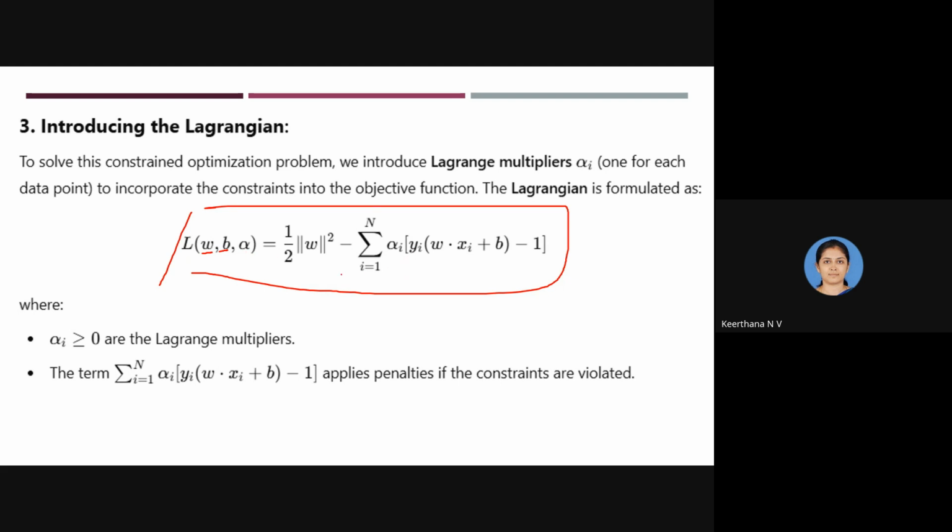The Lagrangian applies penalties if the constraints on the hyperplane are violated, so this calculation helps in applying the penalties. These are the Lagrange multipliers, and they should always be greater than or equal to 0.